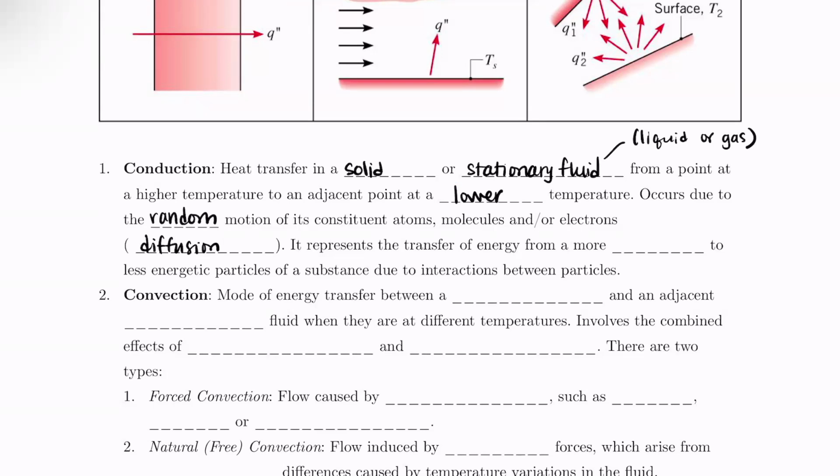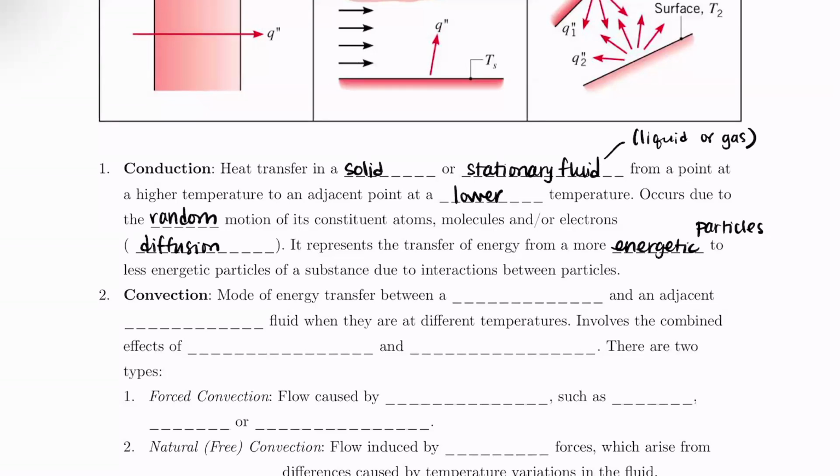So this represents the transfer of energy from more energetic particles to less energetic particles inside of a substance due to the interactions between particles. So the key takeaway is conduction happens in a stationary material.